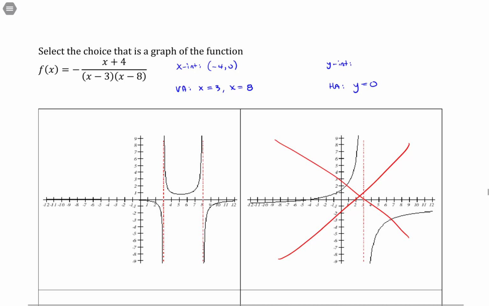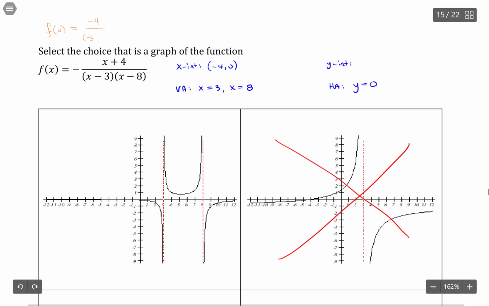It's a little bit difficult to come up with the y-intercept as easily as the other items because we have to do some computation since it's in factored form. Essentially, for the y-intercept we're calculating f of 0. If I plug in 0, that would be negative 4 in the numerator because of this minus here.